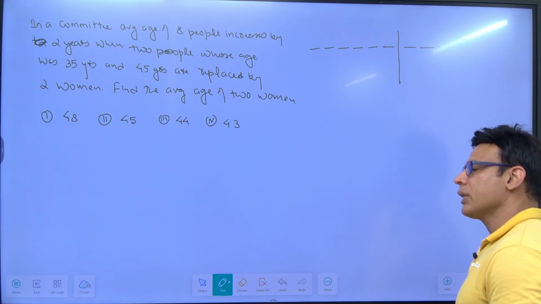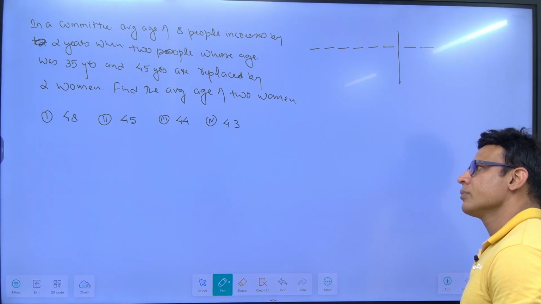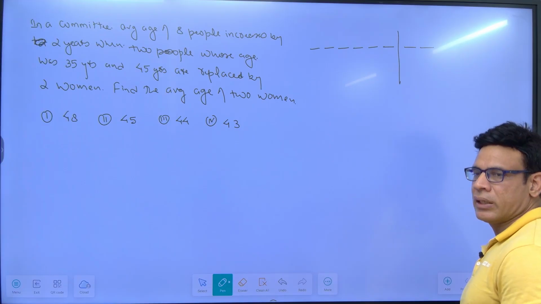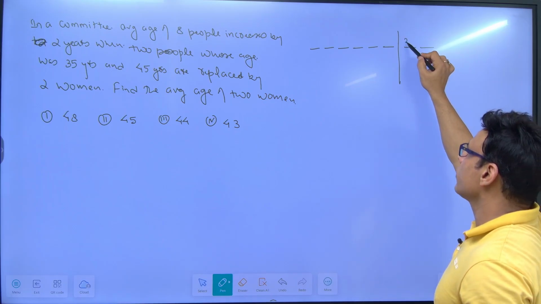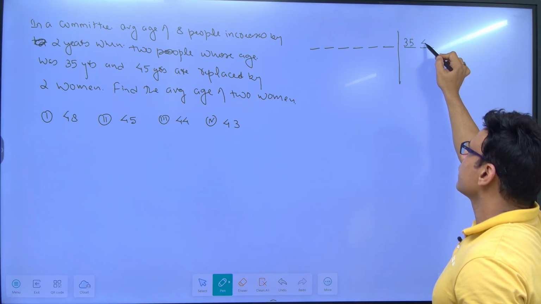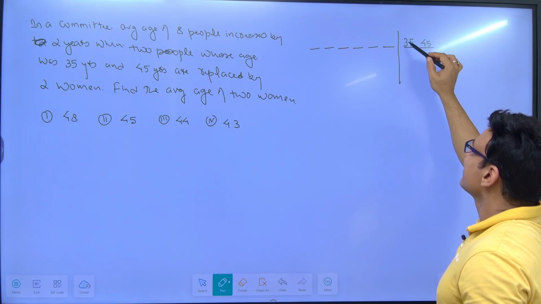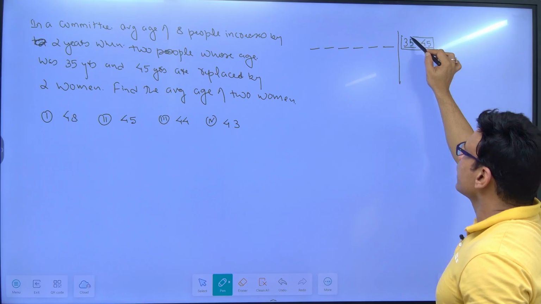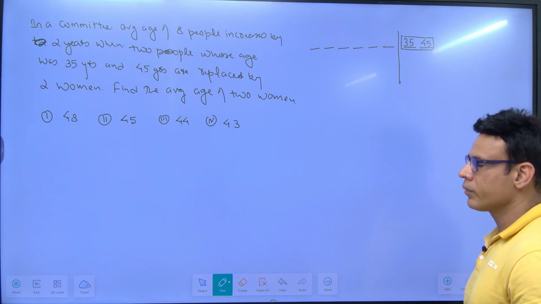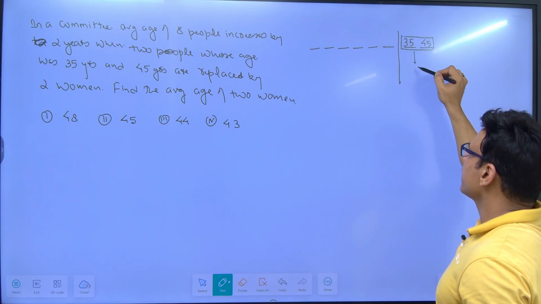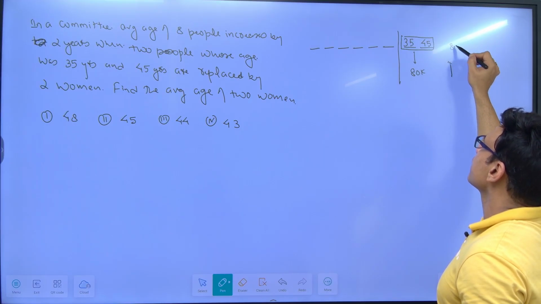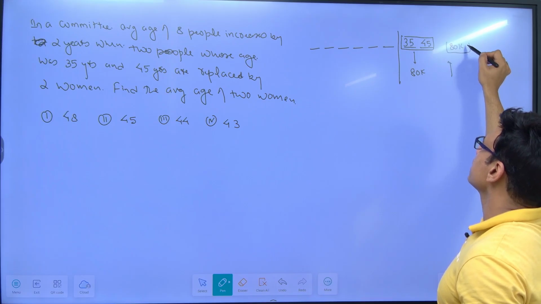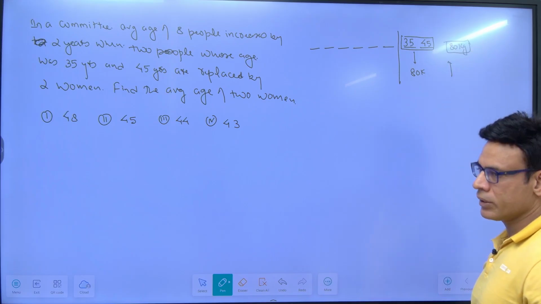Because of that, what is happening to the average age? Increasing by 2, right? The two people who are leaving this group have an age of what? That means how much total age is going out? 80. So if 80 is going out, and if 80 comes in together, right? Total 80 comes in. Will the average change? No.